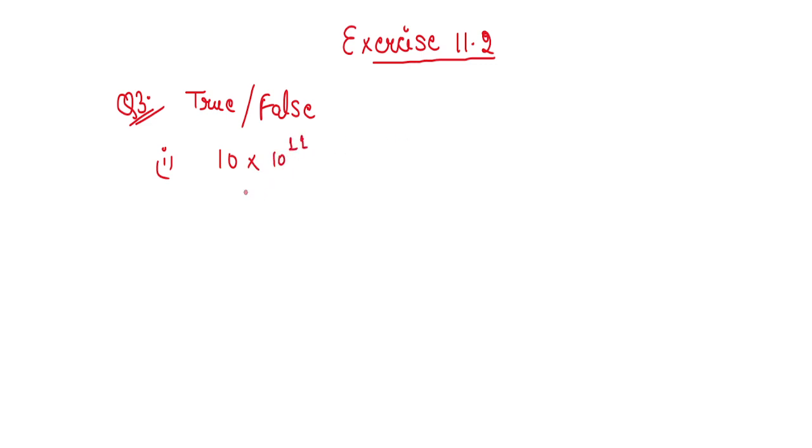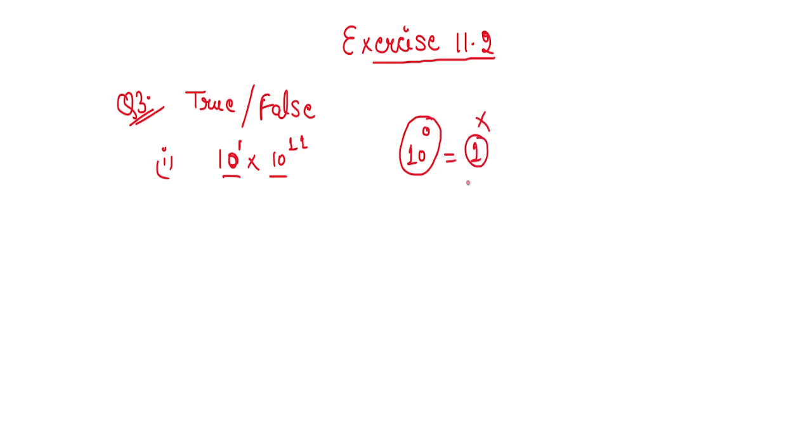So you know if the base is the same, then what do you have to do? You have to add the powers, right? Now here the power is not given, so it means the power is 1. If the power were 0, then it would equal 1.